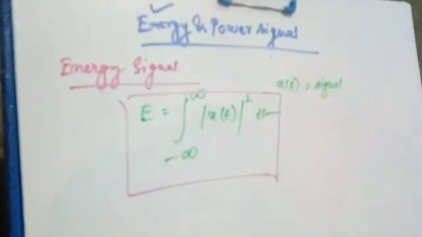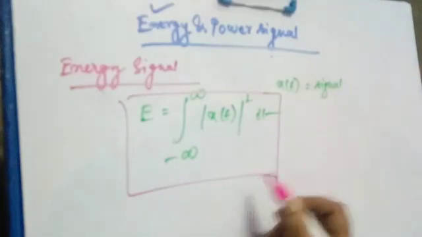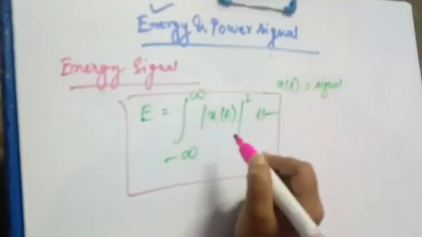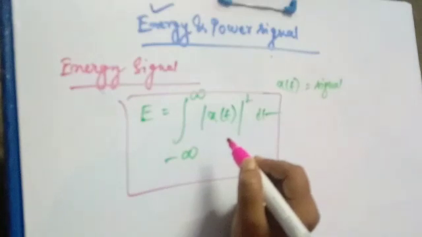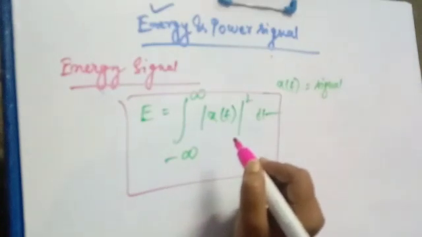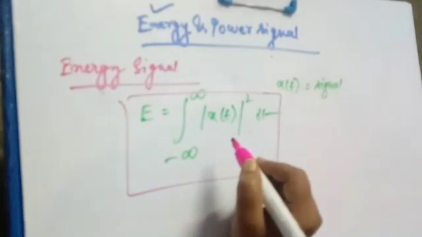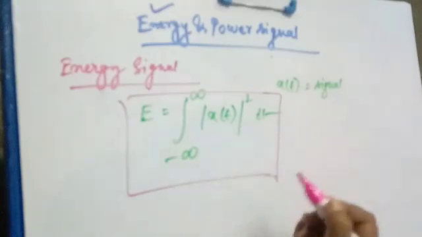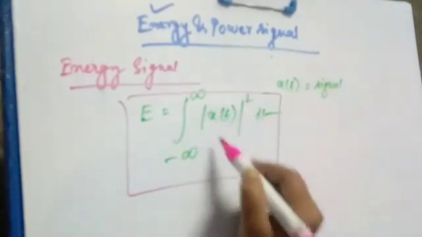The mod value is considered here for the signal nature. That means if the signal is complex valued, then only we need this mod value.